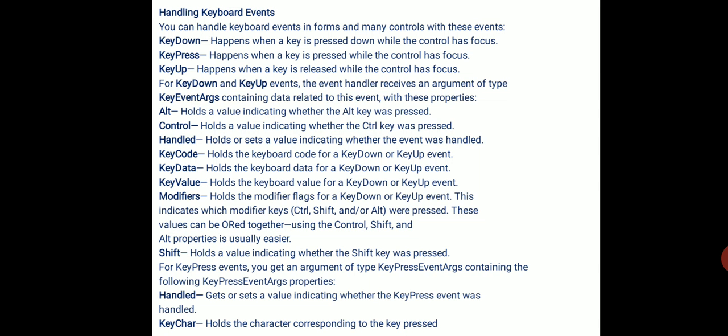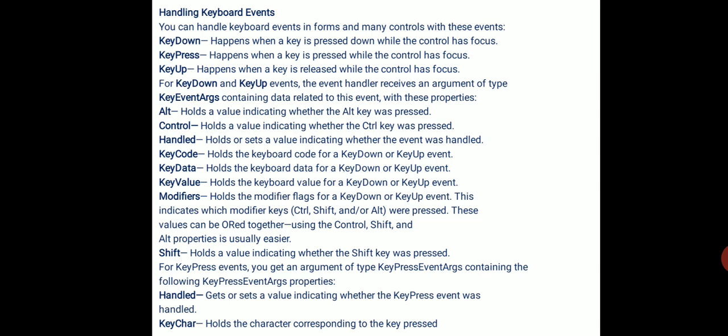So Shift holds a value indicating whether the shift key was pressed. And key press event. Okay, so this is for key press event, argument of type KeyPressEventArgs containing the KeyPressEventArgs properties.